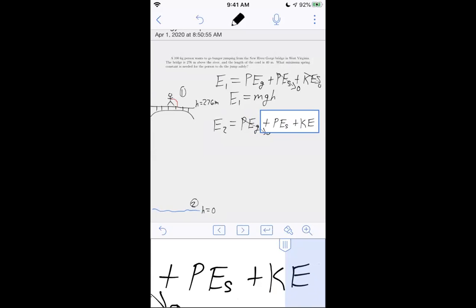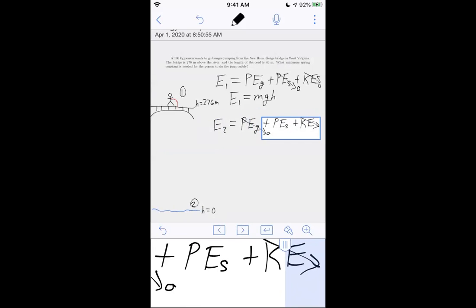And then we've got the kinetic energy. So if you're turning around, right, if you still have some kinetic energy when you reach the river, you're bungee jumping wrong, right? That's going to be bad news. So we want that to be 0.